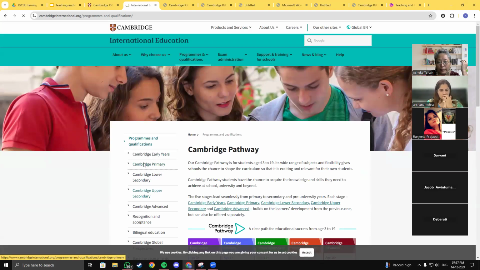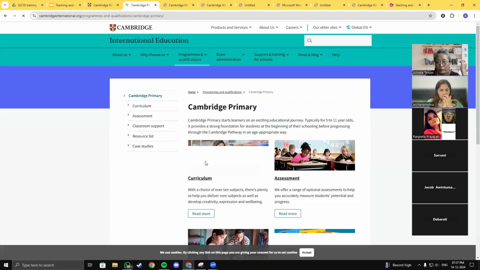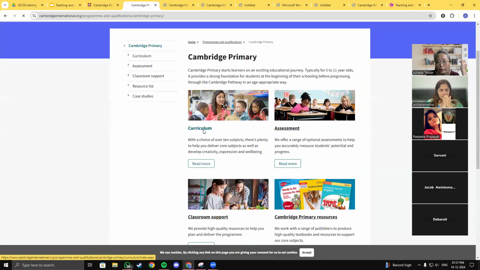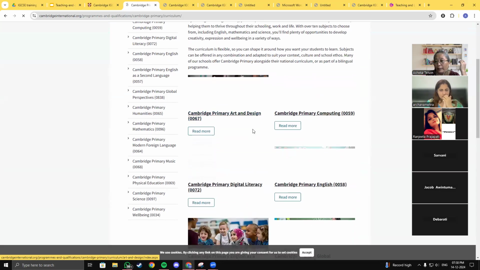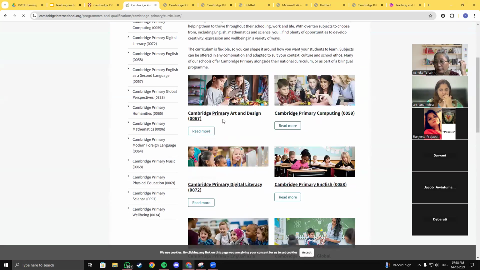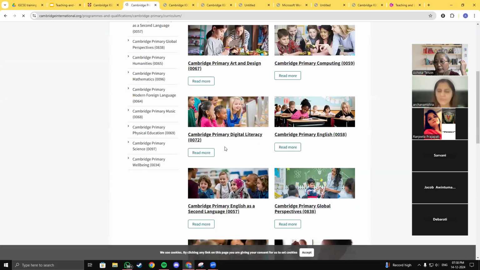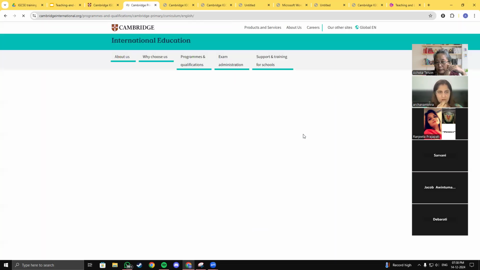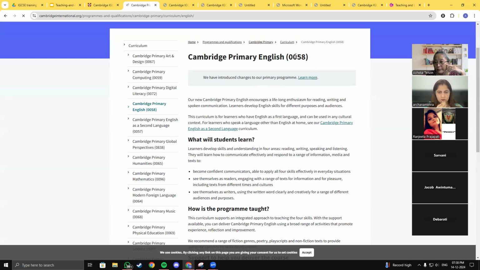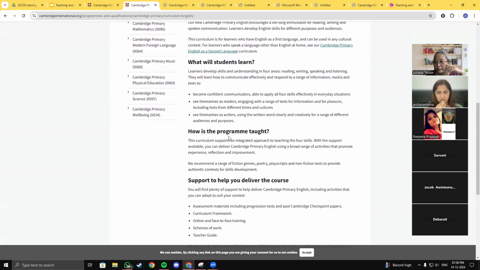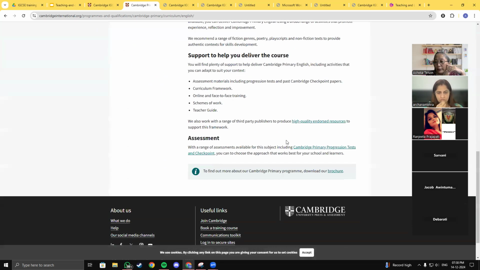So if you look at program, you go to Cambridge Primary. You can go to curriculum. In curriculum, you have the curriculum here. Cambridge Primary English. How is it taught? Assessment.